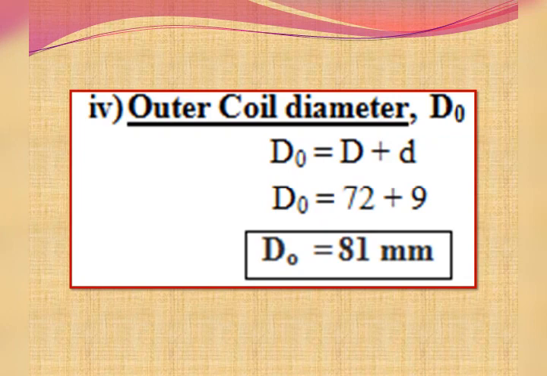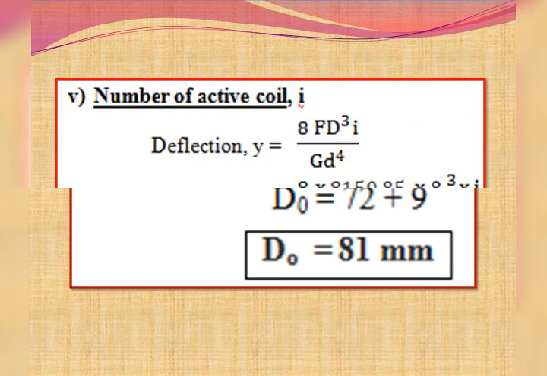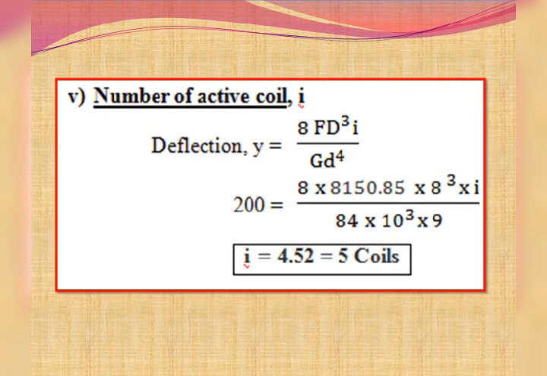Now the outer coil diameter D naught can be obtained by adding the mean diameter of the spring coil plus the diameter of the wire, that is 72 plus 9. It comes to D naught as 81 mm. Outer coil diameter D naught is equal to 81 mm.